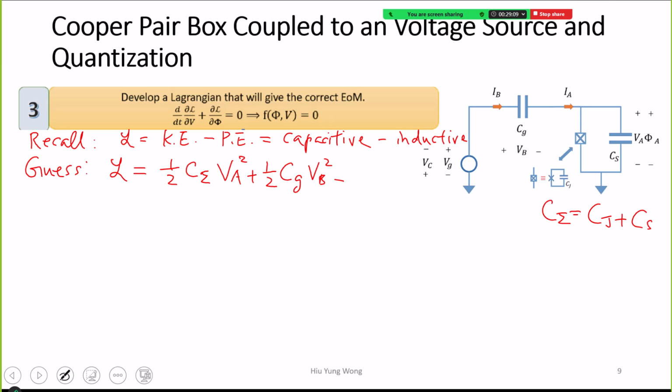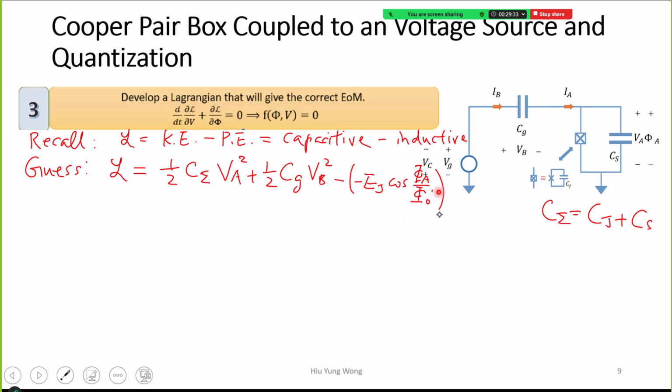Again, I'm guessing. It can be wrong, but I guess it is correct. So I'm guessing the Josephson energy is negative EJ cosine phi A divided by the reduced flux quantum. Make sense?